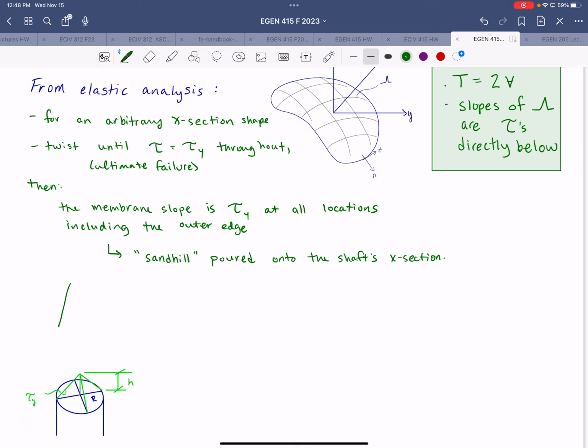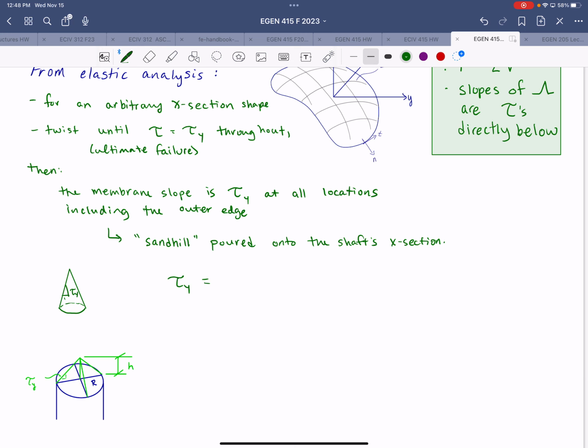So if you had a circular cross-section, you'd have a cone with a slope as such.